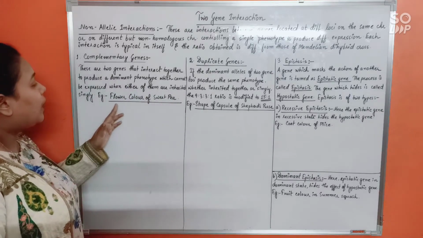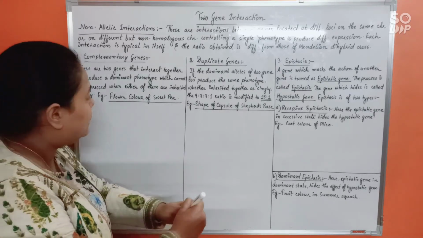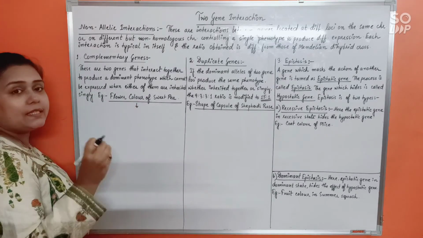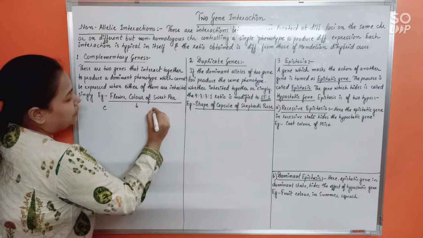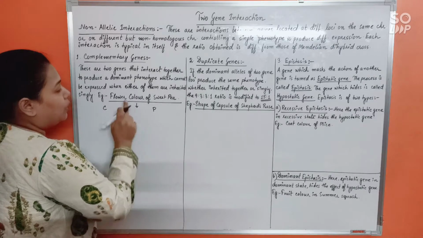For example, the flower color of sweet pea, or Lathyrus odoratus. The flower color of sweet pea is under the control of two genes, gene C and gene P. These two genes together control the flower color.